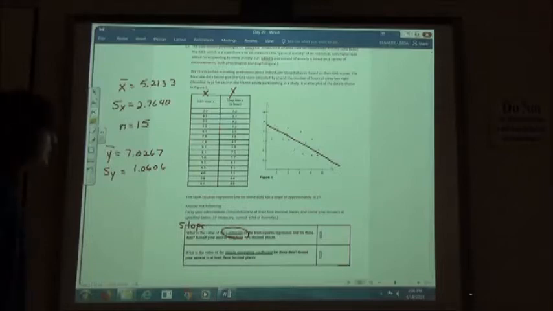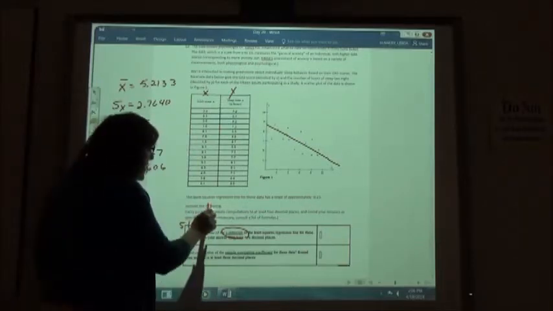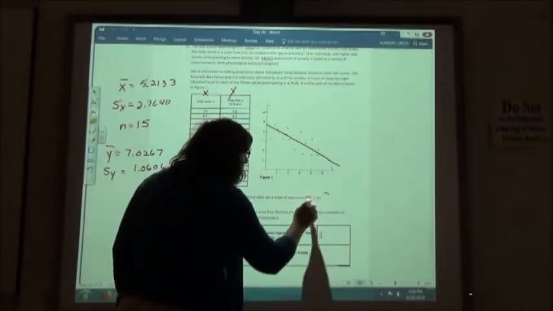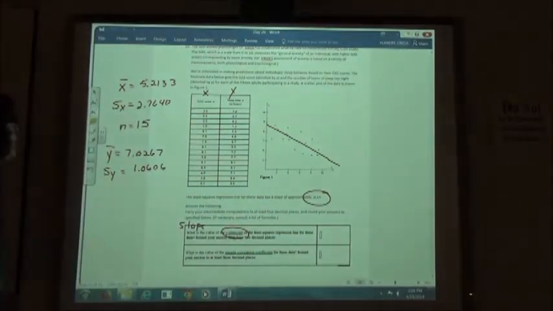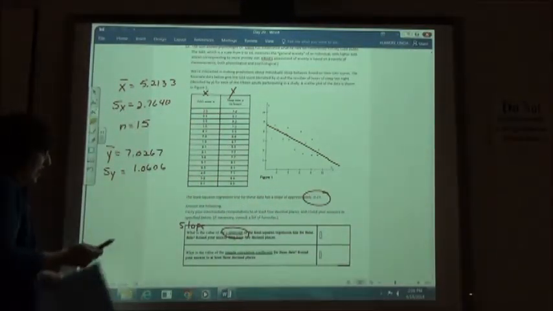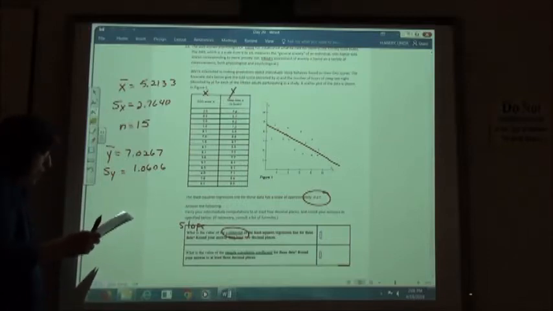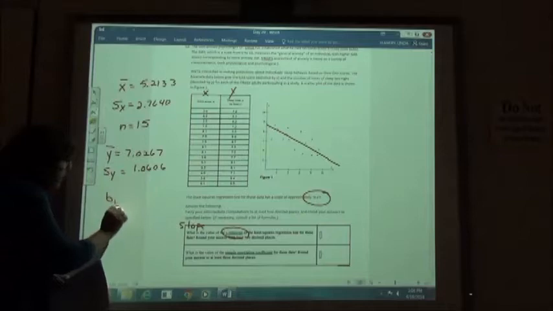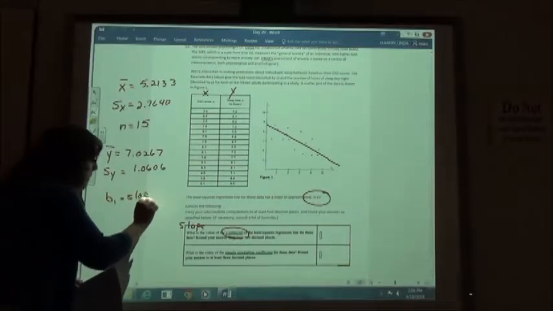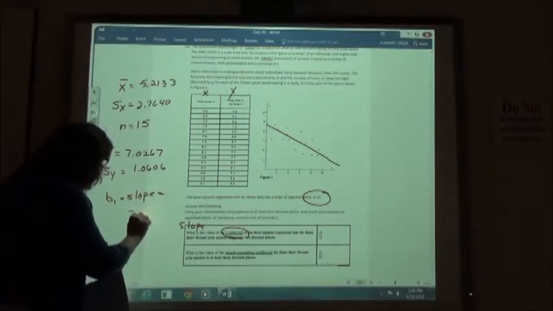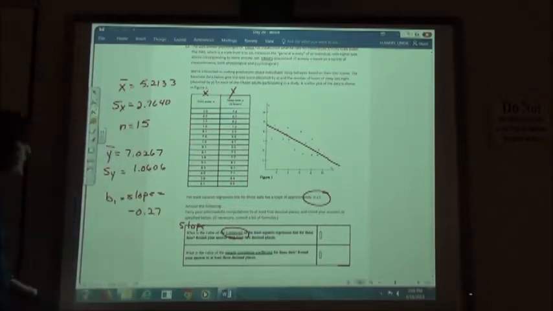So, we don't have to find the slope if I would have read the problem. The least square regression line for this data has a slope. They gave us the slope, so we don't have to find the slope. So we know that in our equation, the B1 value is your slope, is negative 0.27. So they did give us that.